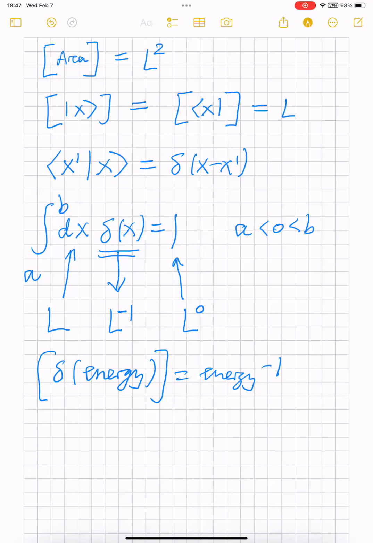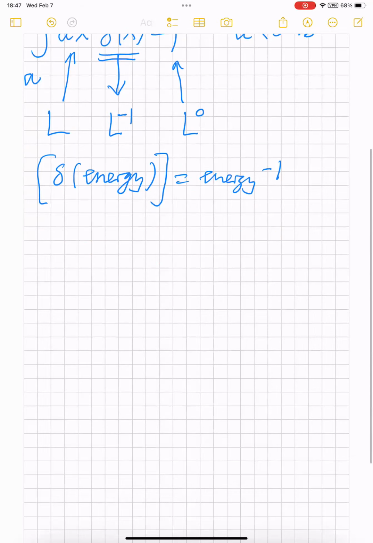So in this way, we learn that the dimension of the bra equals the dimension of the ket equals length to the minus 1/2. And when you're working out the dimensions of any bra or ket, the logic is always the same.